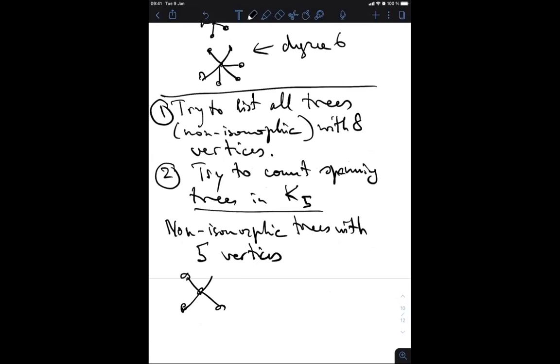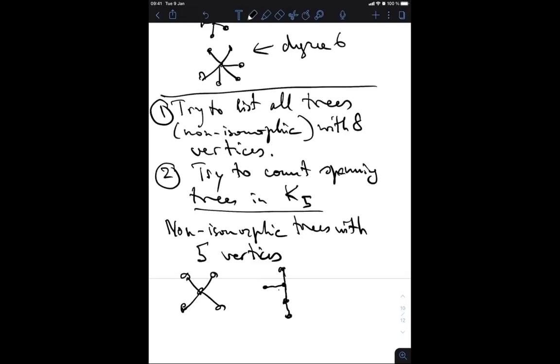So we have a guy like this, a bush, degree 4. Now, if we have a vertex of degree 3, it involves 4 vertices already. Then you have to add 1 leg to here.